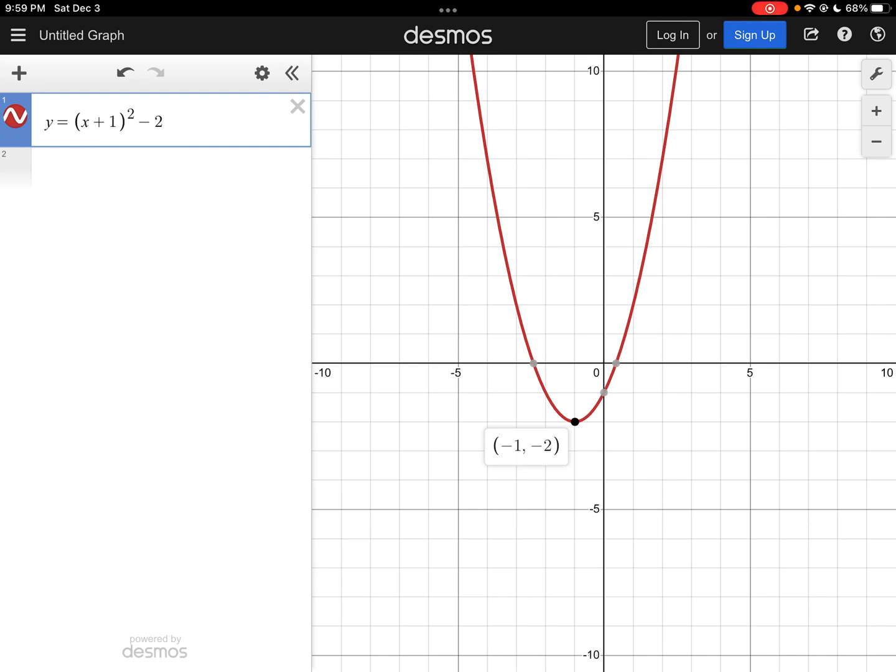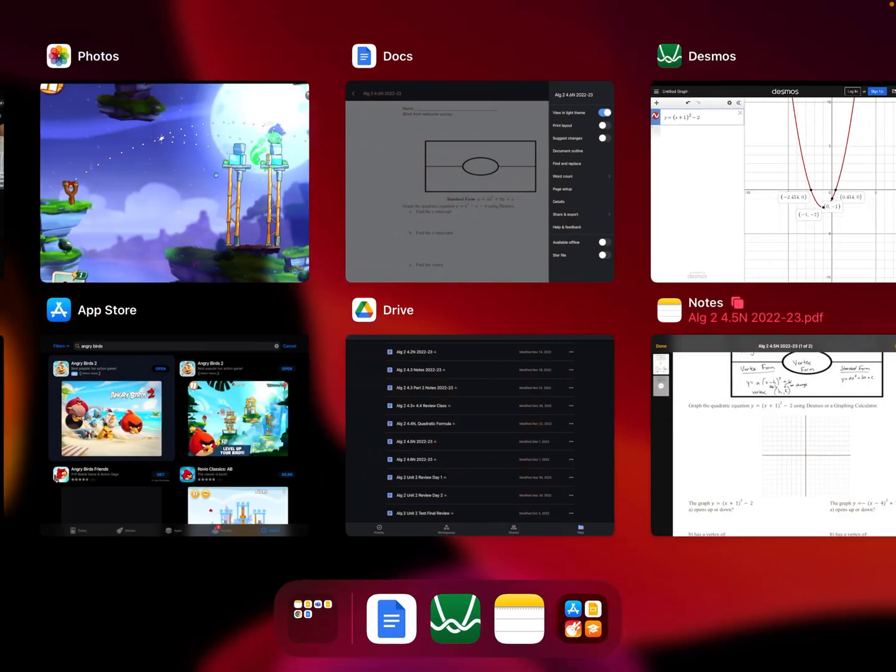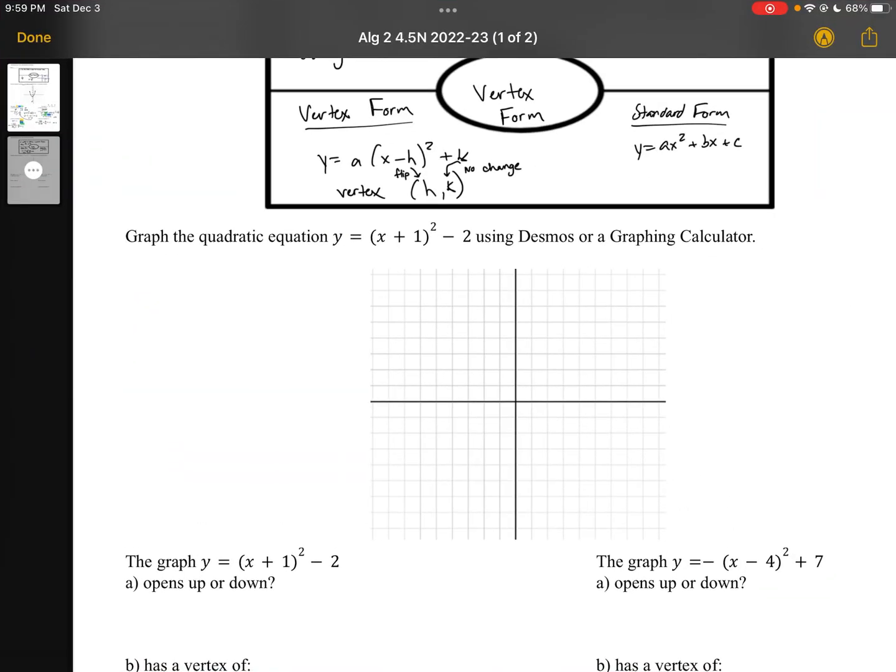So it tells us we have a vertex at (-1, -2), which makes sense if we look at our h and k values. We change the 1, we keep the -2. And then again, looking at our x-intercepts and our same y-intercept here. So a remarkably similar graph to what we had for the first page, just written in a different form.